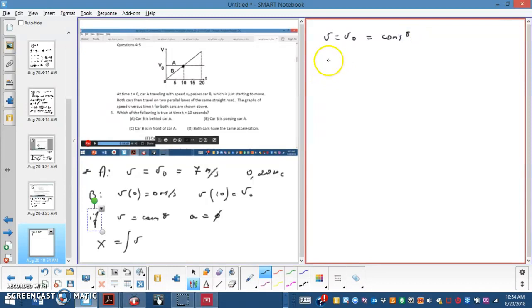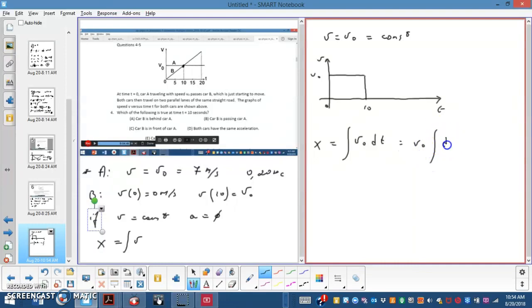Pay attention to your graph. That's your velocity, this is your time, and you're looking at this portion, v0 between 0 and 10 seconds. So x is the integral of v0 dt. v0 is a constant, doesn't get integrated, and the integral of dt is t, so it's v0 times t, between 0 and 10 seconds. That will be your expression for x.